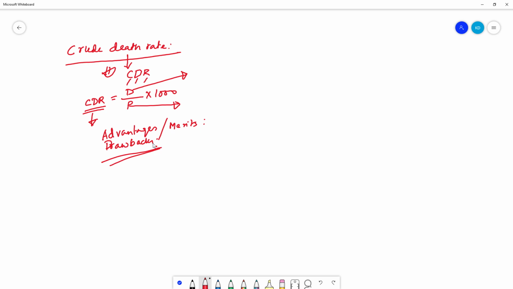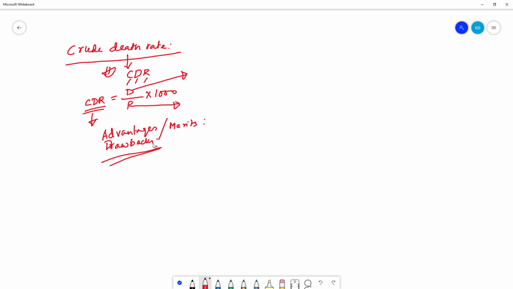Because of this first defect, CDR is unsuitable as an index of relative mortality in different places with different age and sex distributions.